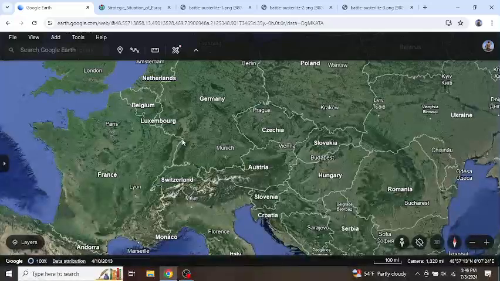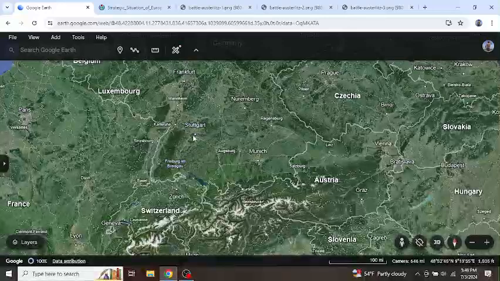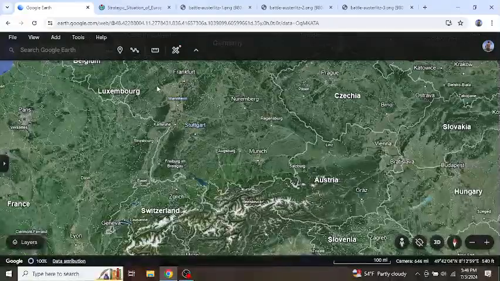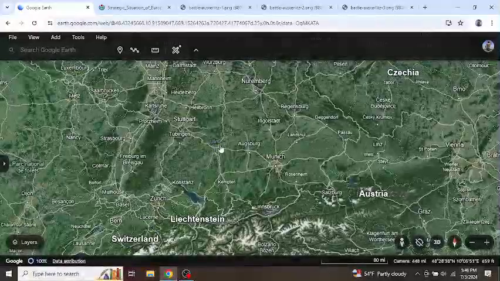It's a humongous undertaking with like seven corps, and Murat successfully pins and convinces the Austrians to focus on this area here. Napoleon essentially comes down behind them over here, near Ulm, and basically just takes them all prisoner.